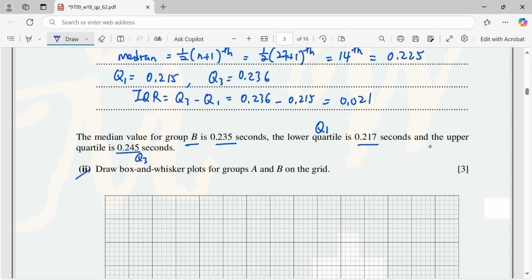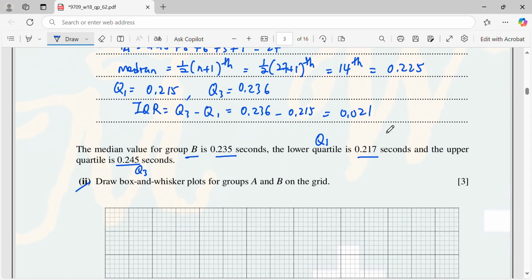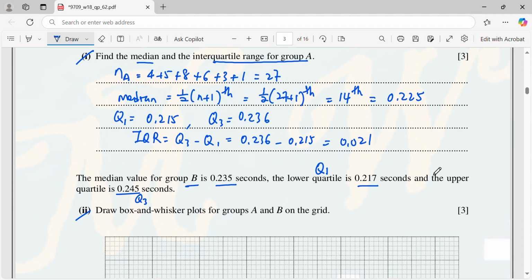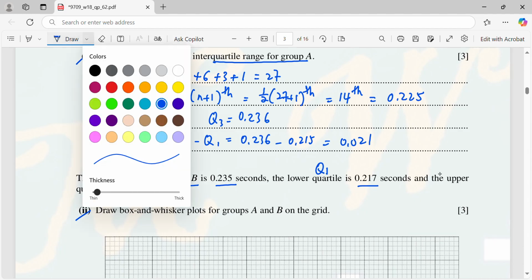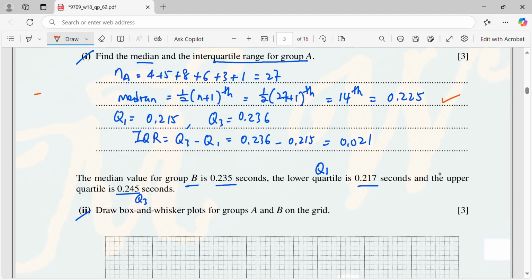Now part 2: draw box and whisker plots for groups A and B on the grid. So now when you look at the median, all these values: median 0.225, then Q1 0.215, Q3 0.236. From here the lowest value is 0.215 and then the greatest value is going to be 0.245.